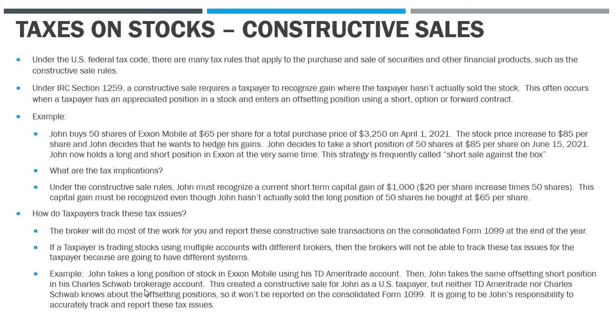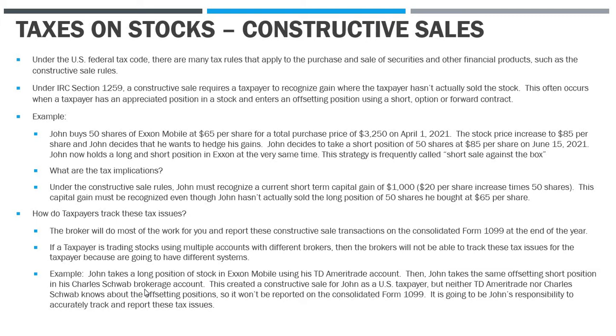So it's John's responsibility to consolidate all of his activity across all his brokerage accounts and then report this appropriately on his Form 1040. There are a lot of service providers out there that will allow you to download the raw data material from TD Ameritrade, Schwab, Robinhood, whoever you have, and then you can upload it to their system, and they will track for you what are your constructive sales, what are your wash sales, and then you can use that information on your Form 1040 tax return.